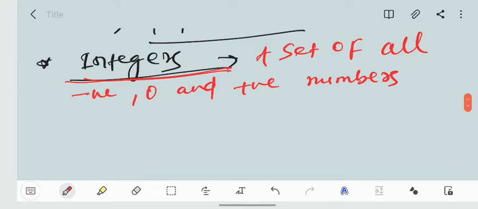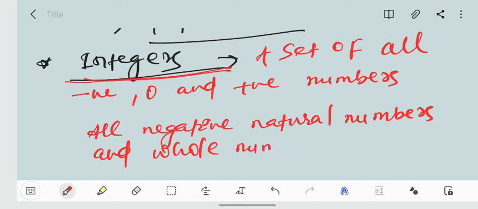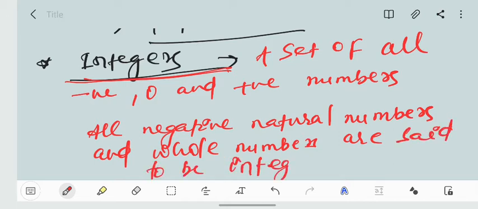So we can say in another way also that integers are nothing but all negative natural numbers and whole numbers are said to be integers.